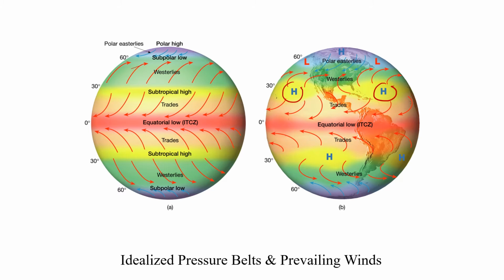And look at the circulation: clockwise out of the high. These are our low pressure systems here, counterclockwise out of the low. Mirror image in the southern hemisphere. Here's our ITCZ, where we have the northeast trades and the southeast trades converging upon each other.